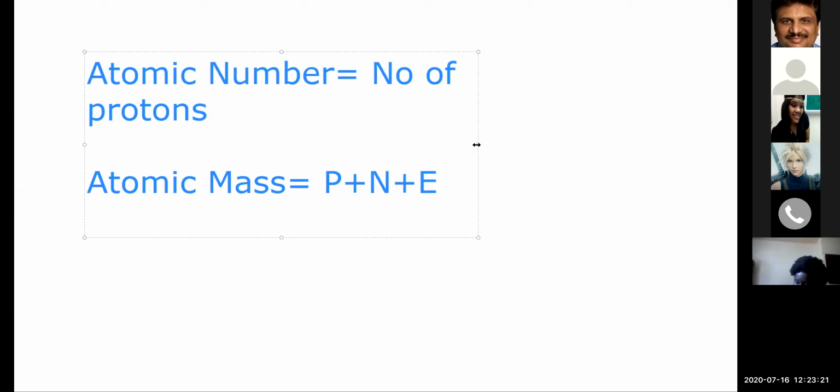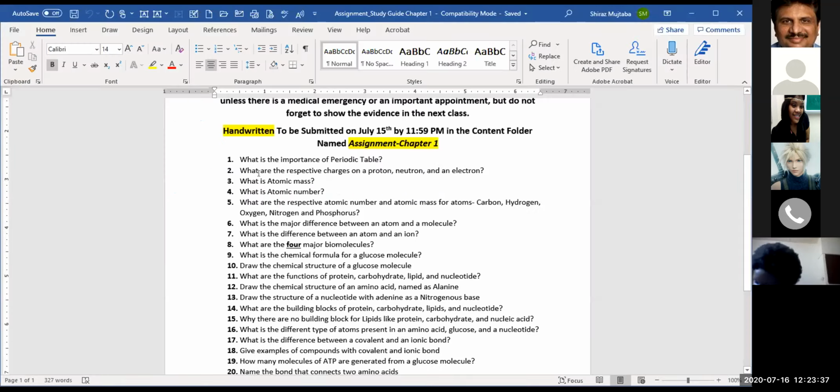But the mass of an electron is very minimal. The maximum mass in an atom comes from protons and neutrons. So this took care of question 1, 2, 3, 4.